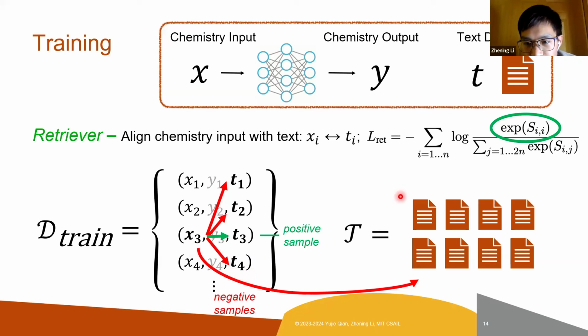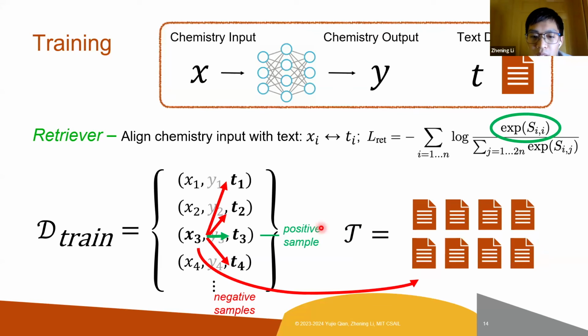And for the entire unlabeled text corpus, we simply do not know whether any of these text paragraphs directly describe the input reaction. Because most of them will definitely not, we simply take all of these to be negative samples. So all pairs involving this input reaction and a text paragraph from the unlabeled corpus are considered a negative sample.